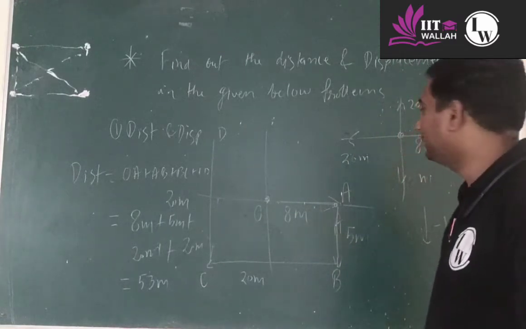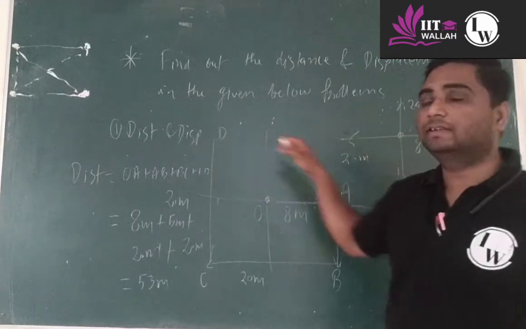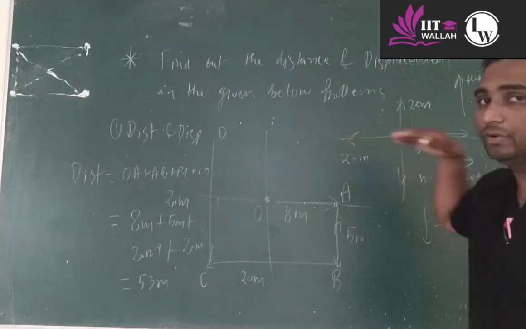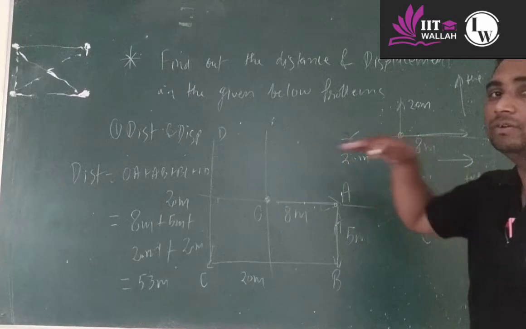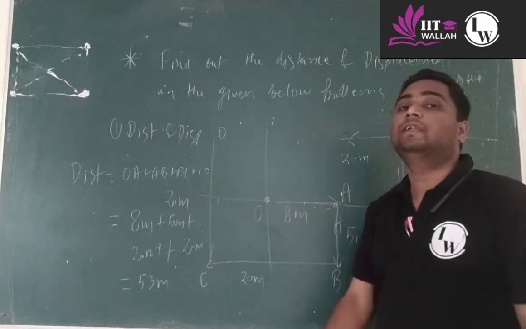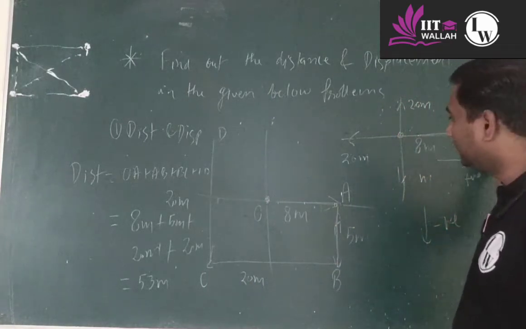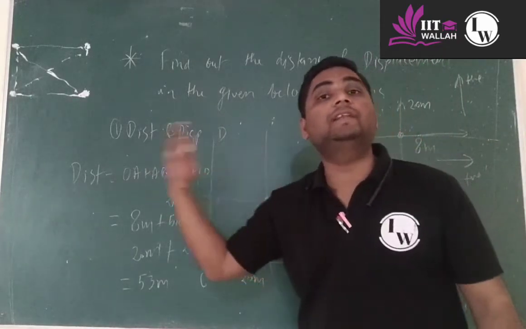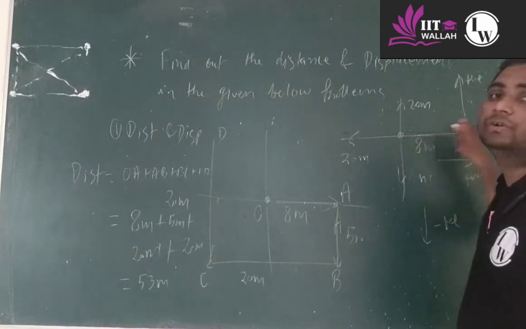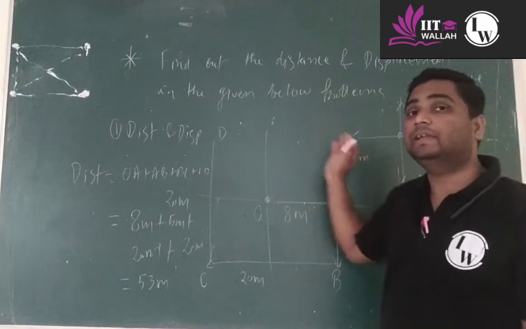The net effect is 20 in the leftward direction and 8 meters in the rightward direction. So in the horizontal line, how much is the net effect he runs? 8 meters he goes in the rightward direction, then comes back and goes 20 meters in the leftward direction.